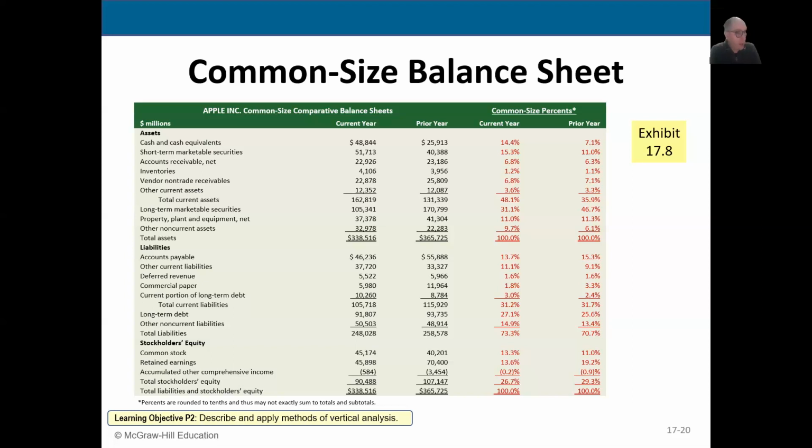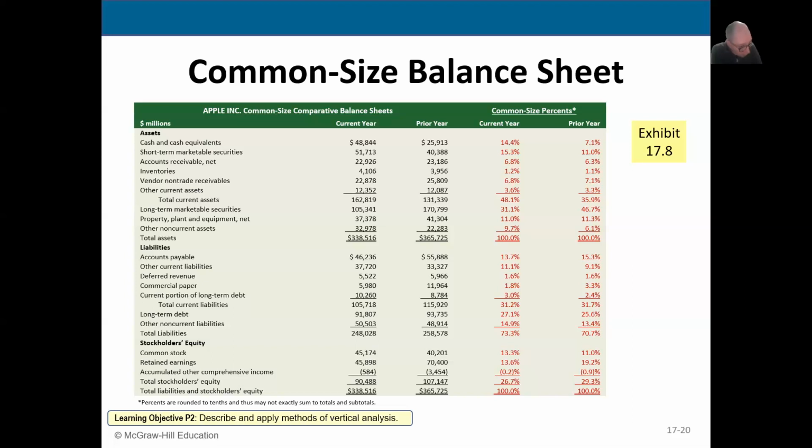I apply that same exact formula to every line item. You'll see that total assets is 100% because you're dividing total assets by itself. It's your 1, or 100%. You'll also notice as you come down through liabilities and then eventually stockholders' equity, you get to the line item that says total liabilities and stockholders' equity.